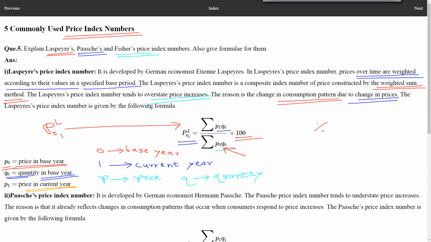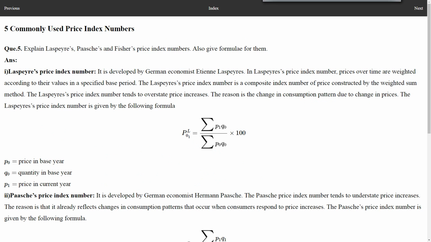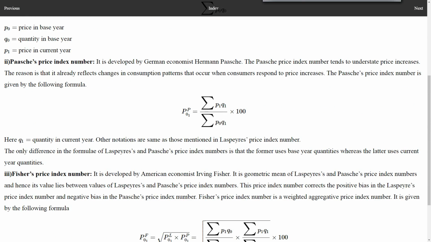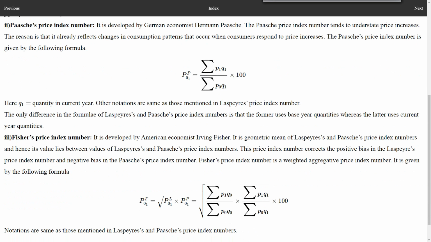The next standard index number which we are going to study is Paasche's price index number. It is developed by German economist Hermann Paasche.